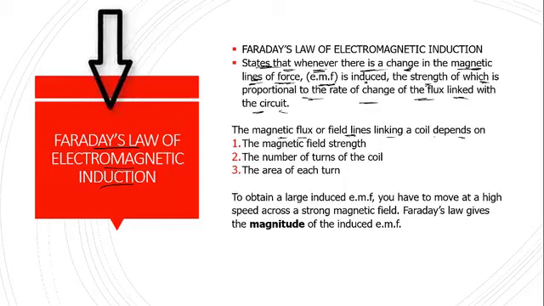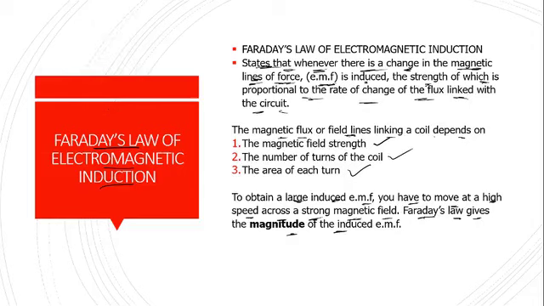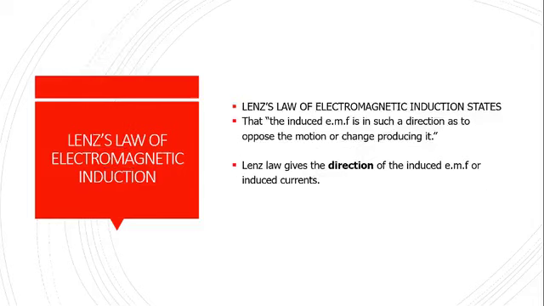The first one is the magnetic field strength. The second is the number of turns of the coil, and the third is the area of each turn. So for you to obtain a large induced EMF, you have to move at a high speed across a strong magnetic field. Faraday's law gives us the magnitude of the induced EMF.